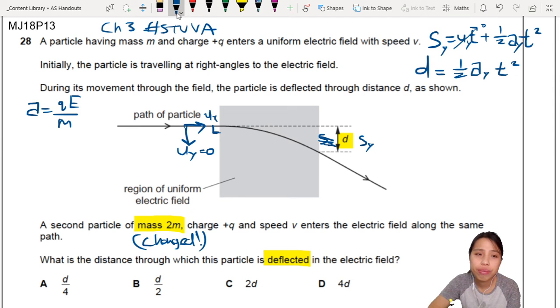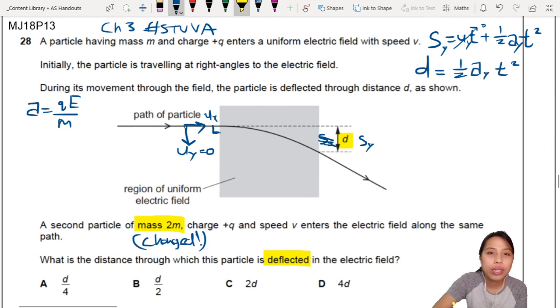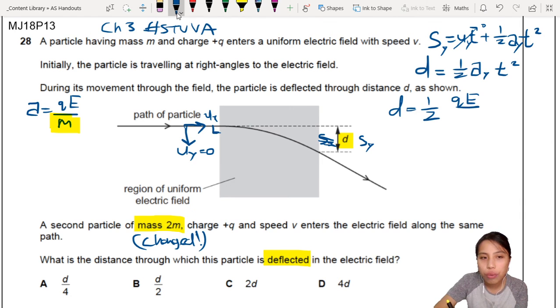Now what? I want to relate this D with mass m. Where do I get any other equation? Wait, on the left side, we wrote this just now, m. That's the thing we want to involve here. So I'm going to plug it in. Okay, so D equals half QE over m t squared.